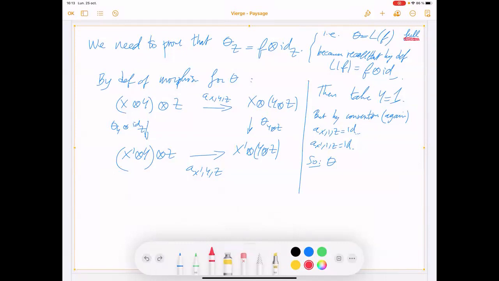So you have 1 tensor identity of z equals theta of 1 z, which is theta z, and this is f tensor identity of z.